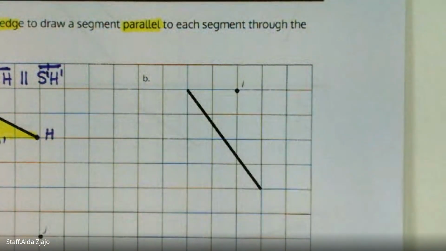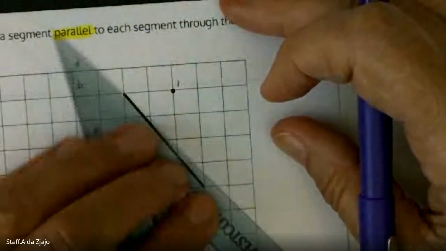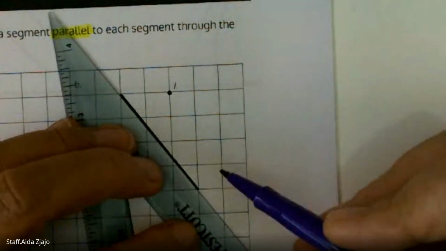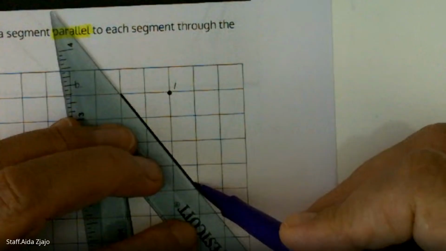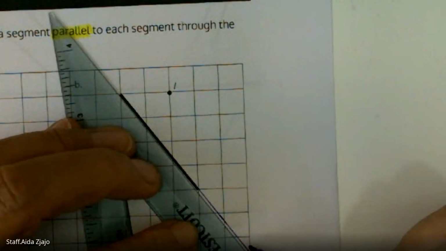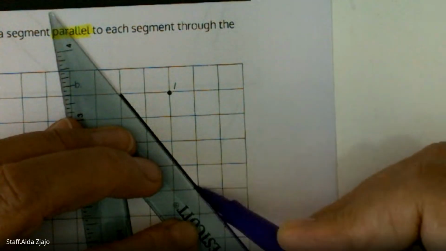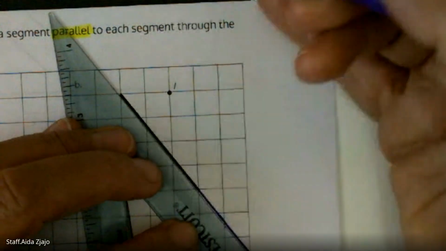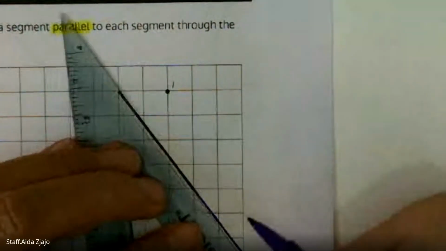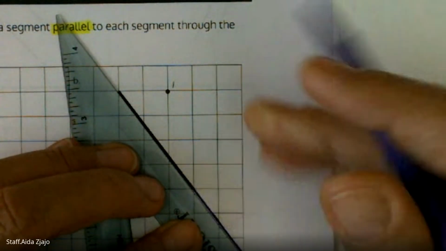So what I'm going to do, I'm going to extend the line segment. You're allowed to extend the line segment if you need to, as far as you wish, in order to see the similar, or not similar, congruent triangles that are going to be.